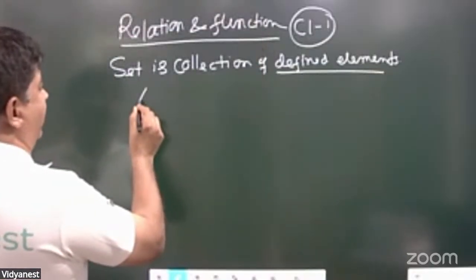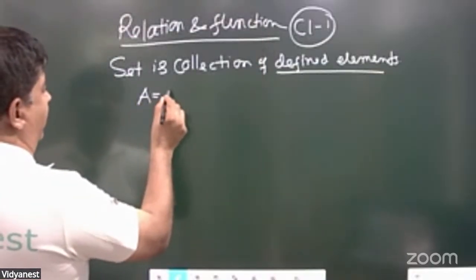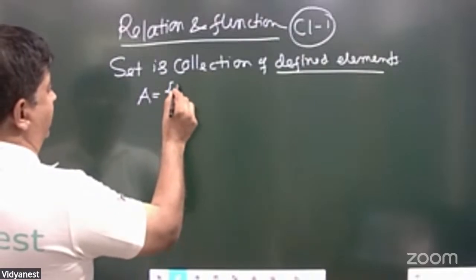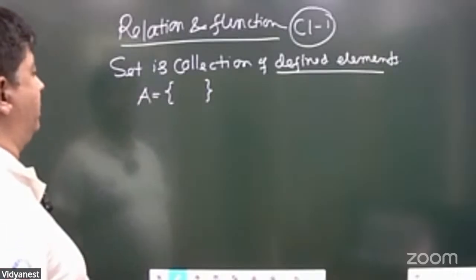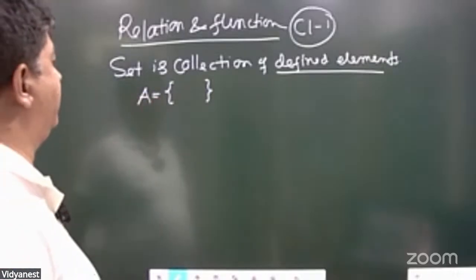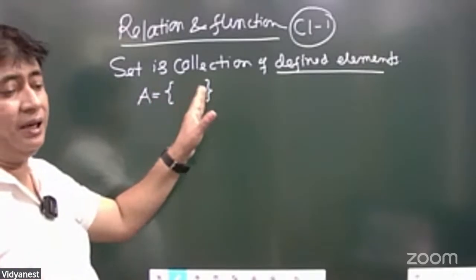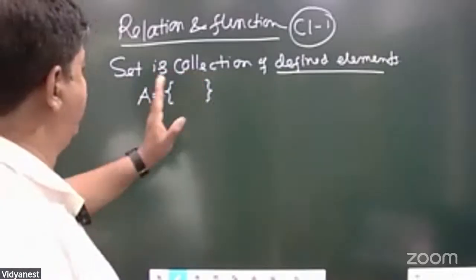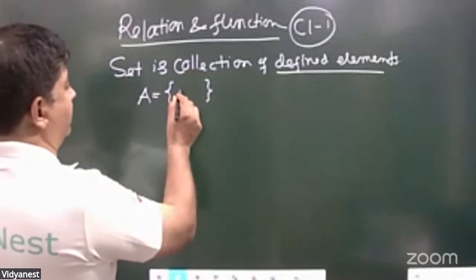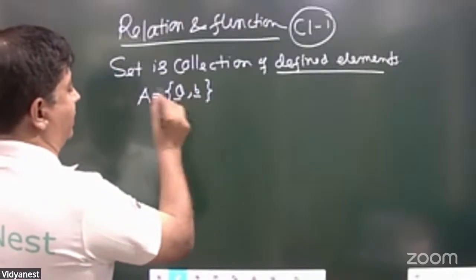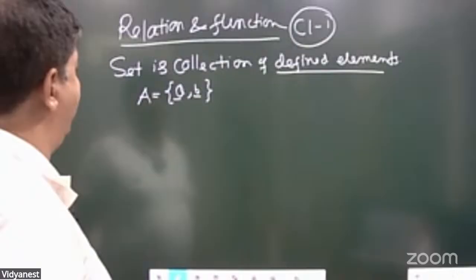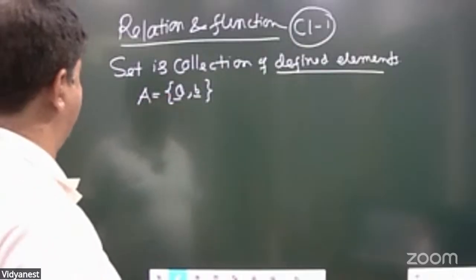You know that any set A is denoted by braces, the second bracket. It starts with a second bracket and ends with a second bracket. Suppose there are two elements. Elements are separated by commas.